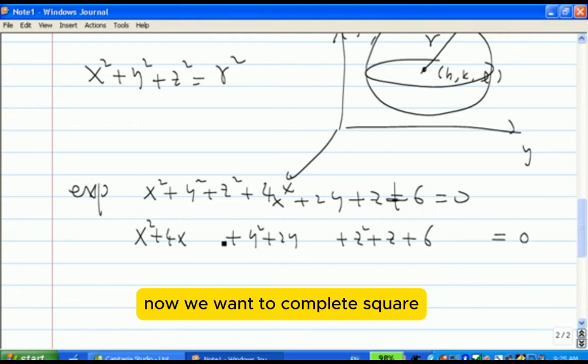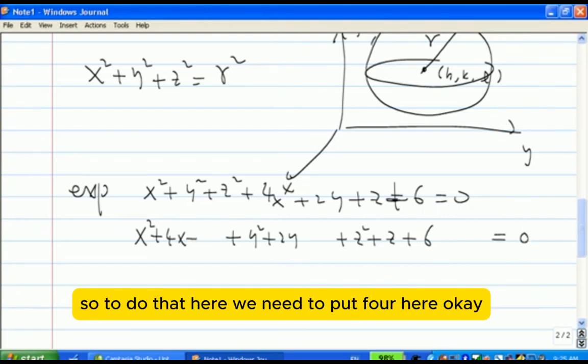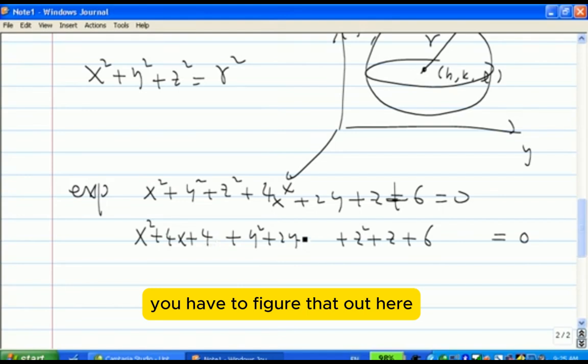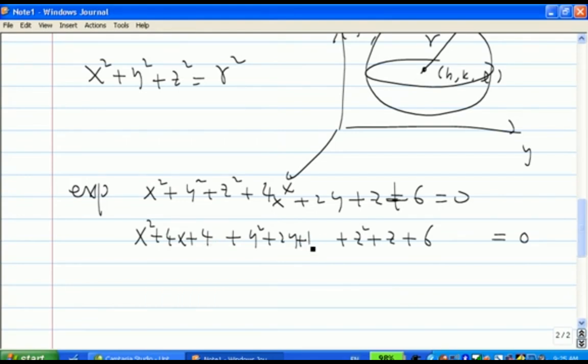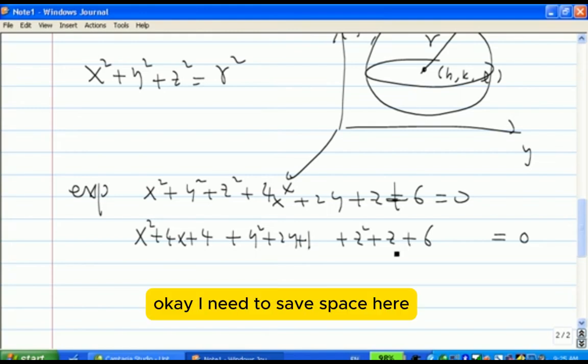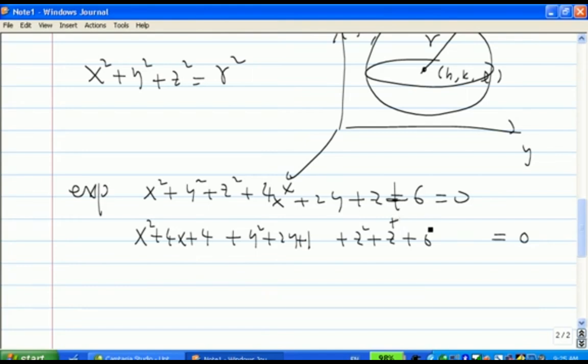Now we want to complete the square. To do that, here we need to add 4. You have to figure that out. Here we'll have to add 1. I need to save space here. So for the z here, we need to add 1/4.